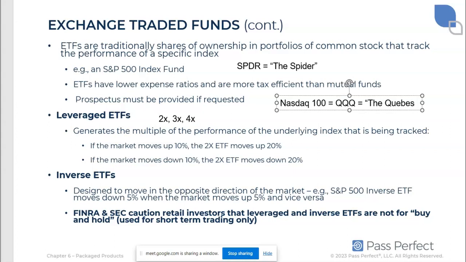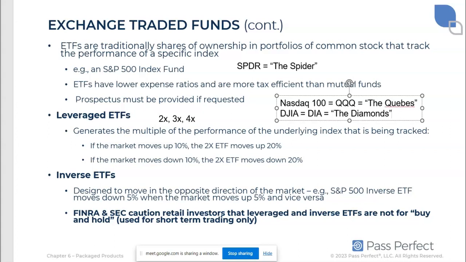Probably another one that may come up is the one based on the Dow Jones Industrial Average, the same 30 stocks that make up the Dow. Its ticker symbol is DIA, and it became known as the Diamonds. I don't know how likely that is to show up on the test, but I have seen it in textbooks, so I figure I'd better bring it up.